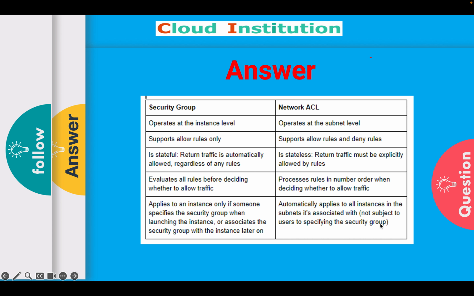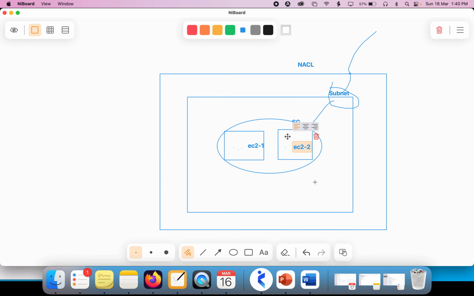So what do you mean by this one is that we already discussed this, right? For example, if this is the security group, and you're creating one more instance, EC2-3, this particular instance is not being secured by the security group, because we need to go explicitly and attach the security group to the instance.